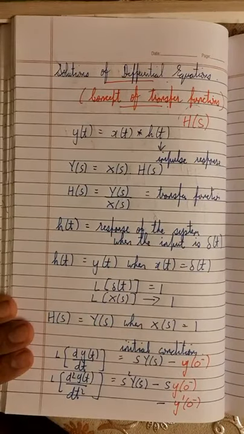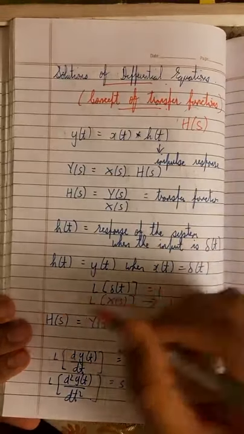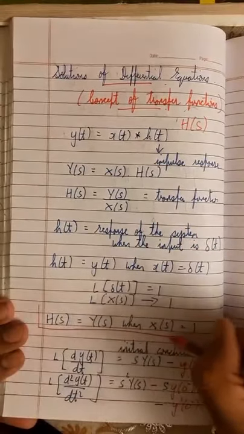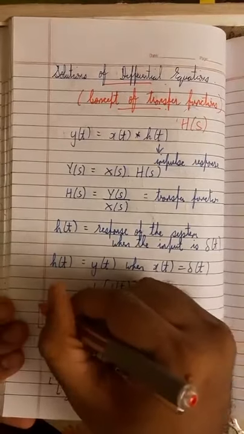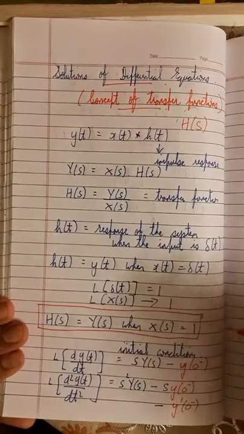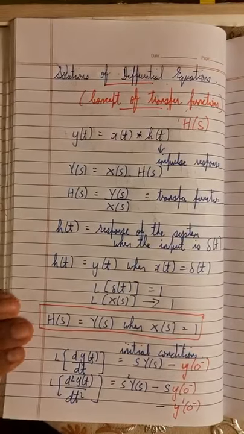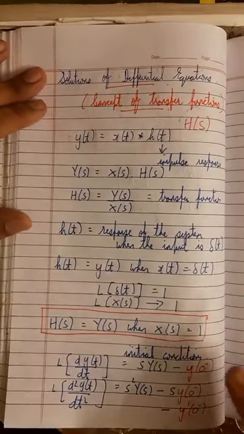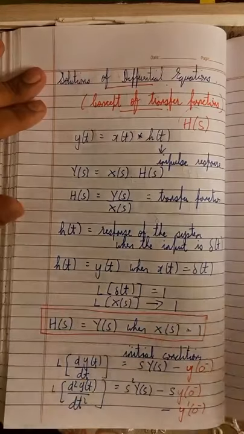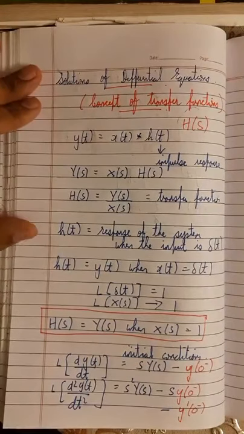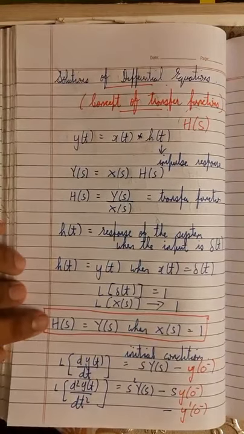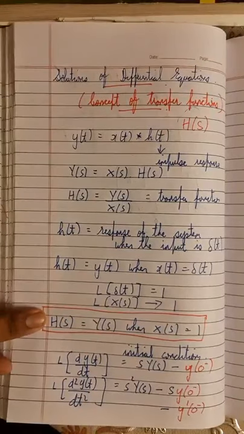In other words, the meaning of this equation is that the output of a system is not only due to the input, but it is also due to the initial conditions. And when you want to find the transfer function of that system, you should always apply your initial conditions equal to 0.